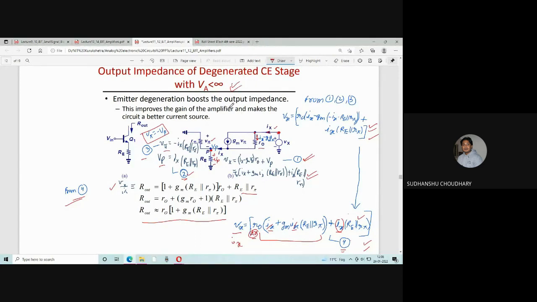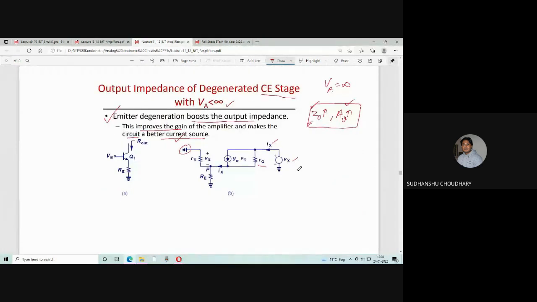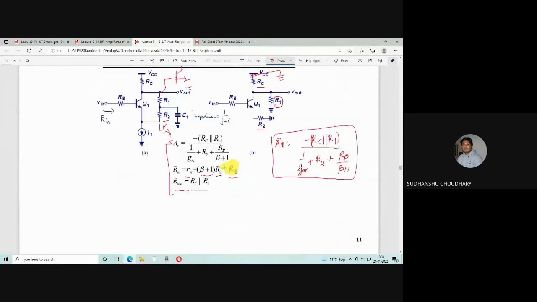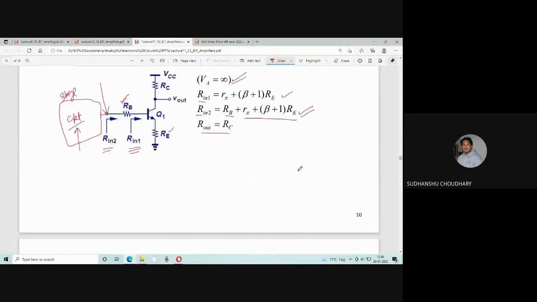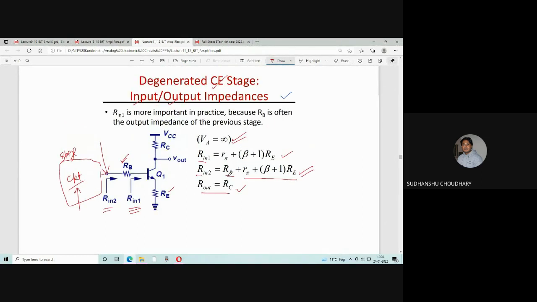Okay. So earlier, when Va was infinite, what was the output impedance? I'll take you back and show you when Va was infinite. What was the output impedance we had calculated? The output impedance was simply RC, when Va was infinite.